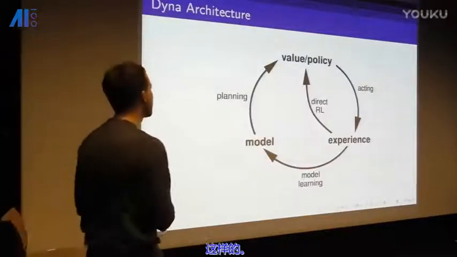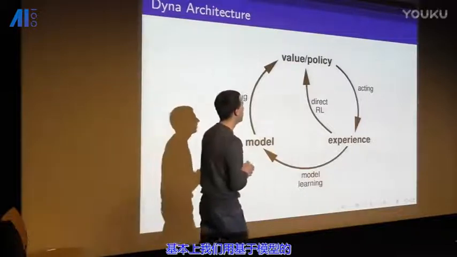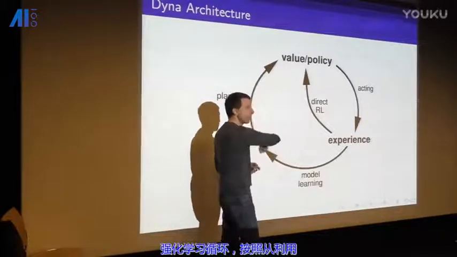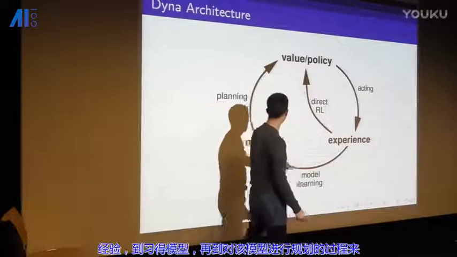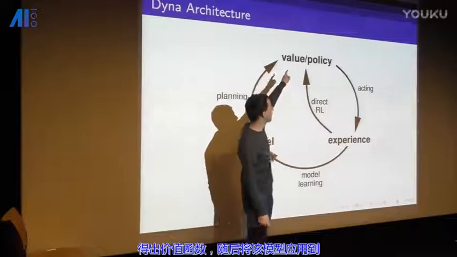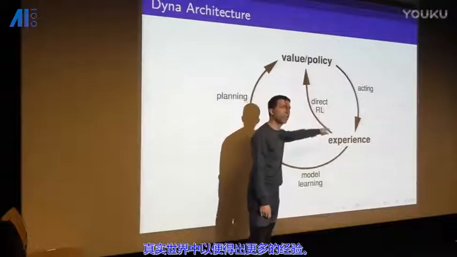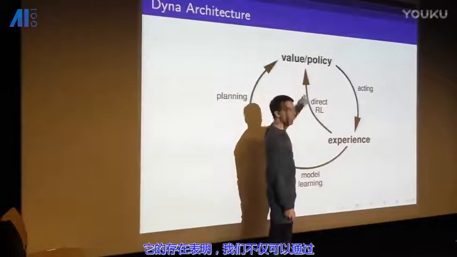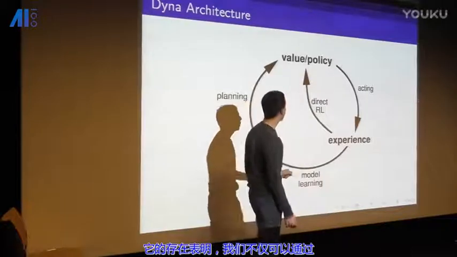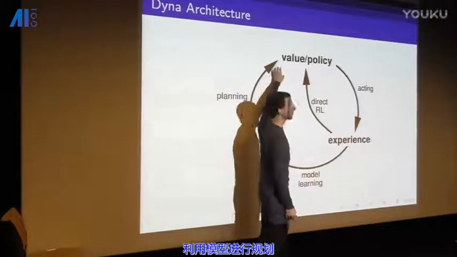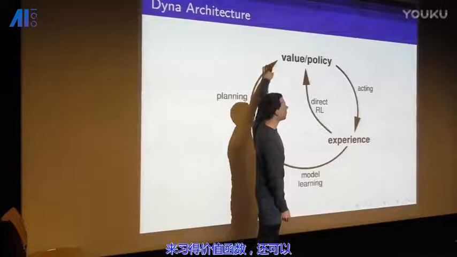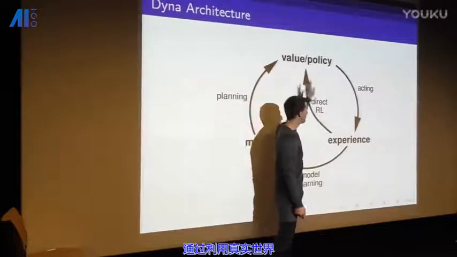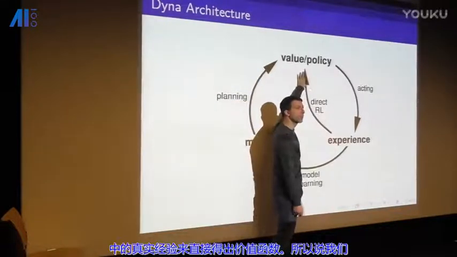It looks a little bit like this, where we've taken our model-based reinforcement learning loop, where we went from experience, learned a model, planned with that model to give us a value function, and acted with that in the real world to generate more experience. The thing we've added in is this arc here, where in addition, we don't just learn our value function by planning with the model, we also learn our value functions directly from the real experience in the real world.